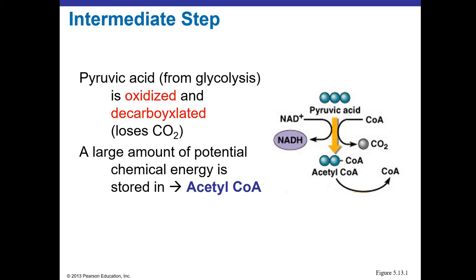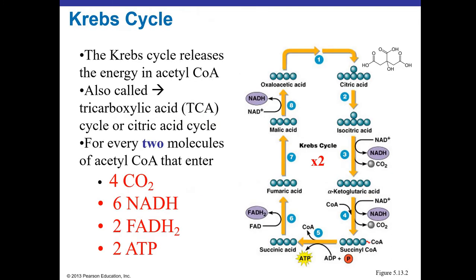It's referred to as acetyl-CoA because we have a coenzyme that is going to contribute to making this very small acetyl-CoA molecule. There's also some potential energy made. We have made NADH. Remember, since we generated 2 pyruvic acids, we're also making 2 acetyl-CoAs, and we're also generating here 2 NADH molecules.